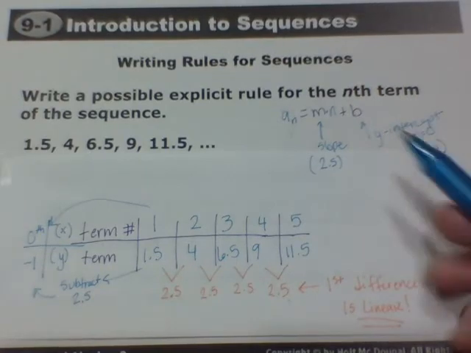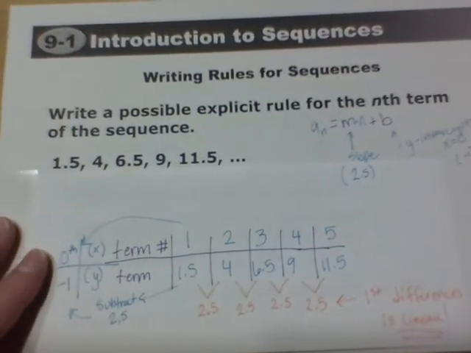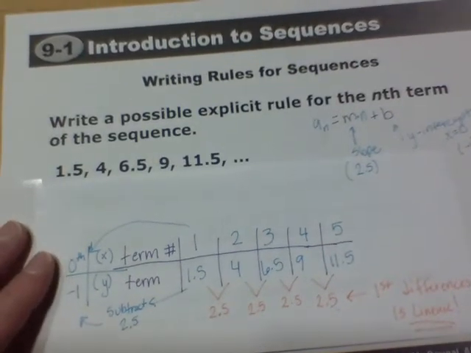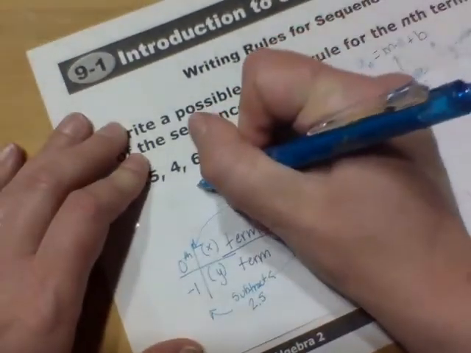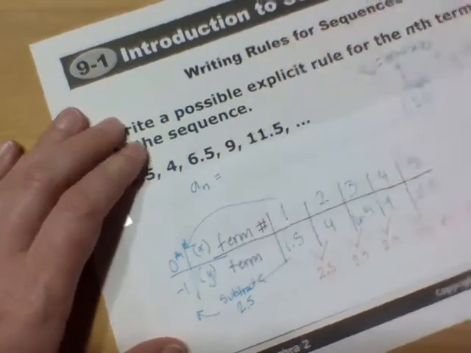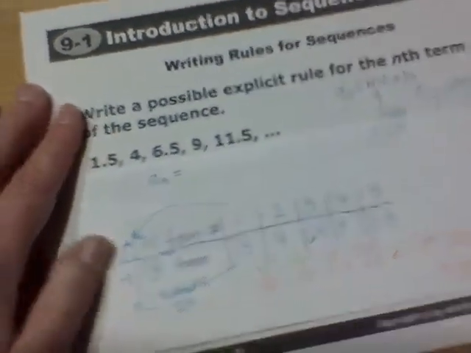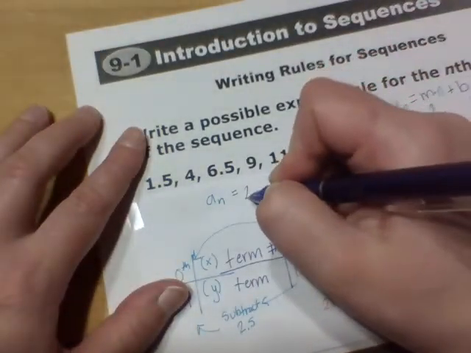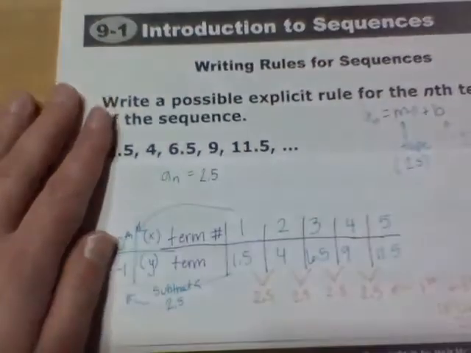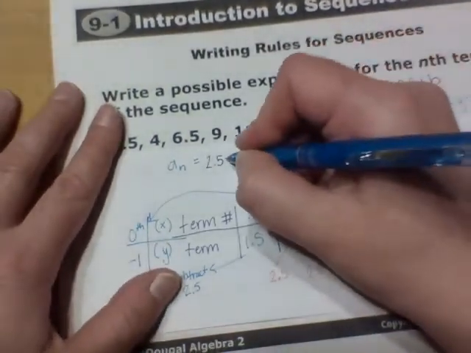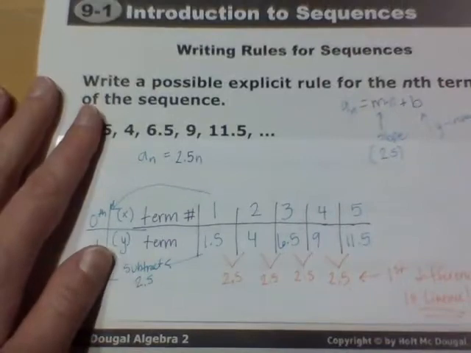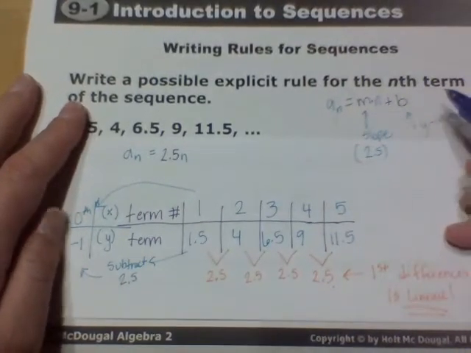Alrighty. So let's go ahead and rewrite this so that we can check to see if it worked out. So again, we have a sub n instead of y. We have a slope of 2.5. And then instead of x, we have an n. And then instead of b, we're plugging in our -1.